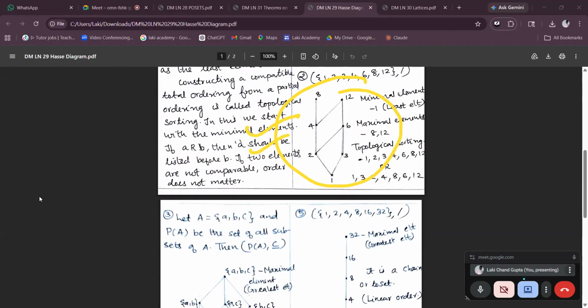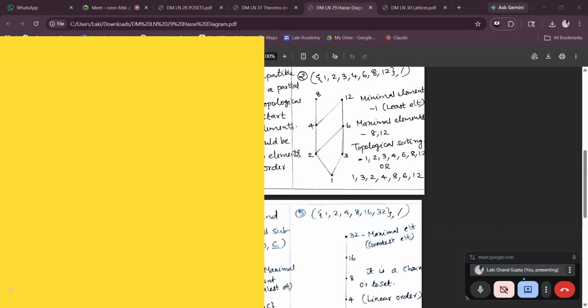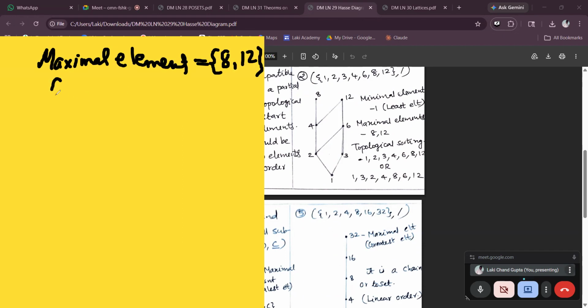Sir, 8 and 20. 8 and 12. What are the maximal elements? Sir, 8 and 20. Maximal elements means top elements, 8 and 12. I am asking what is the greatest element. There is no greatest element.